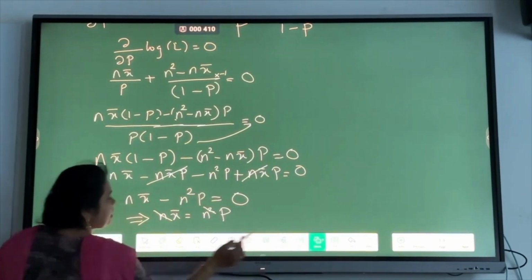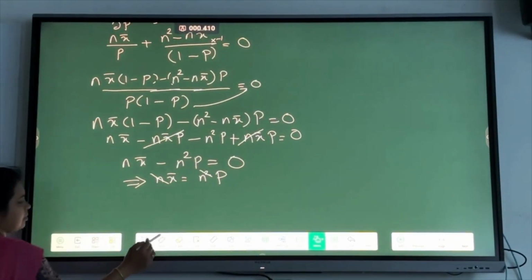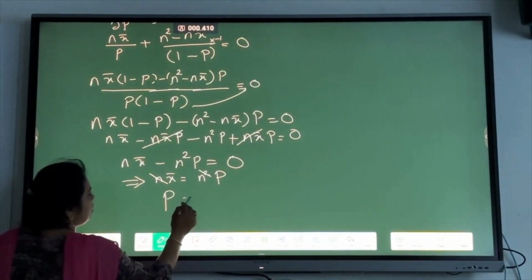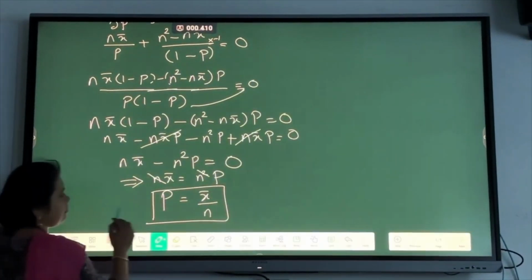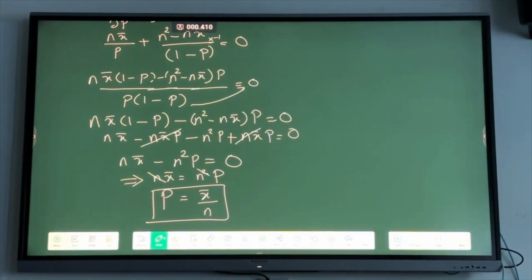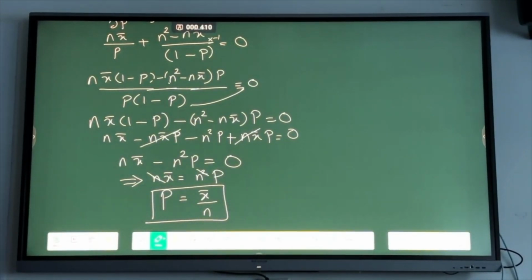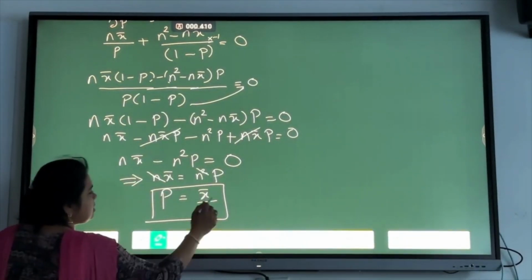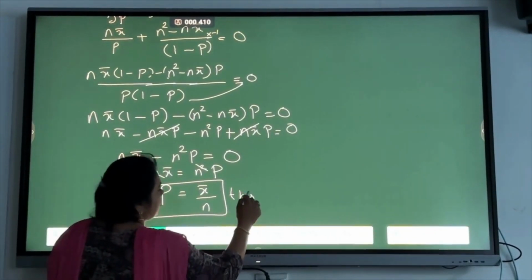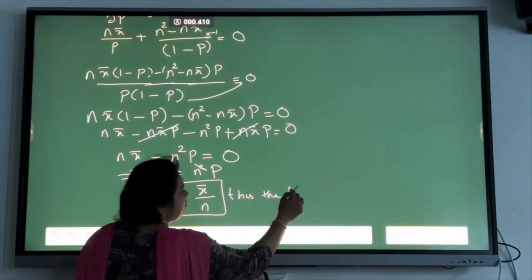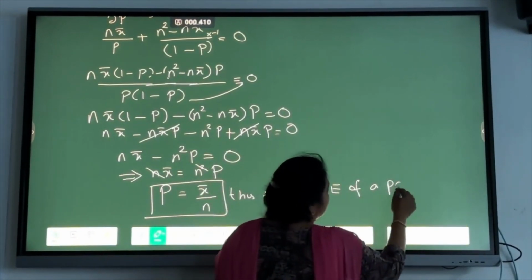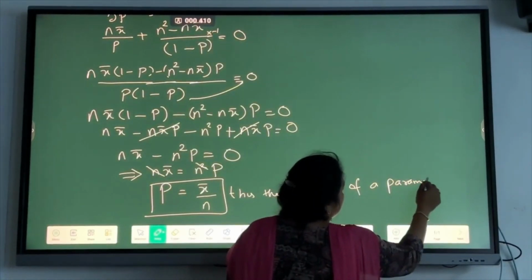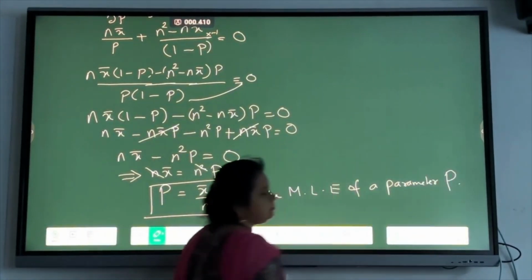So you will get P equal to x bar by n. We got the answer for parameter P. So this is the MLE of parameter capital P.